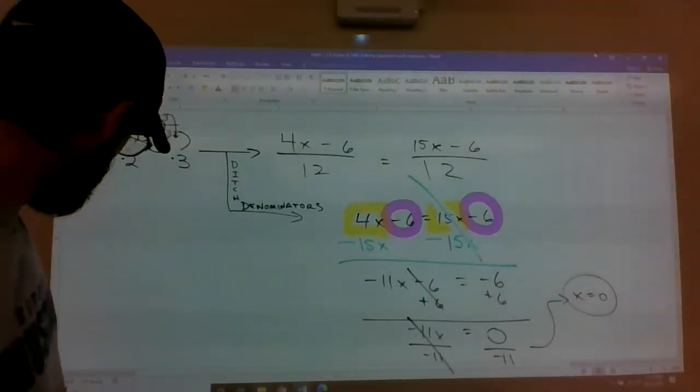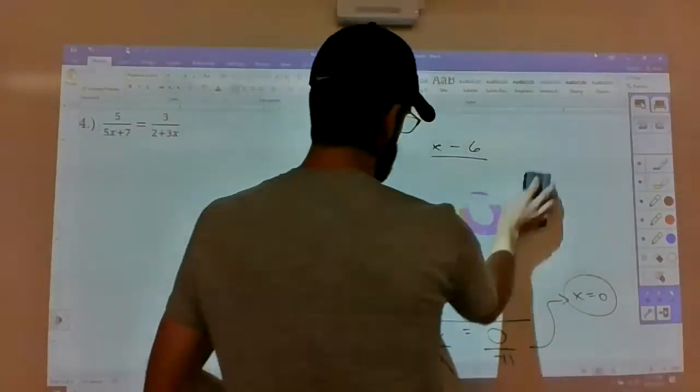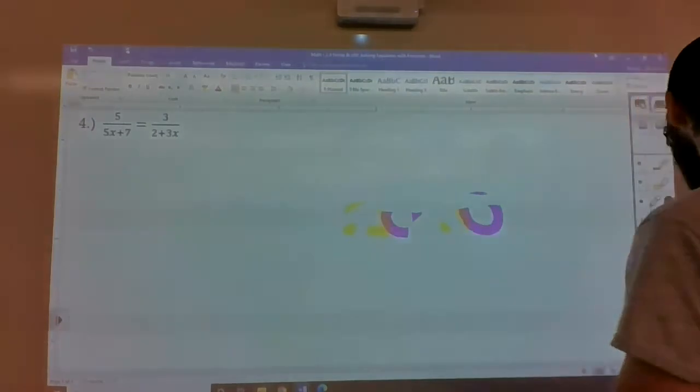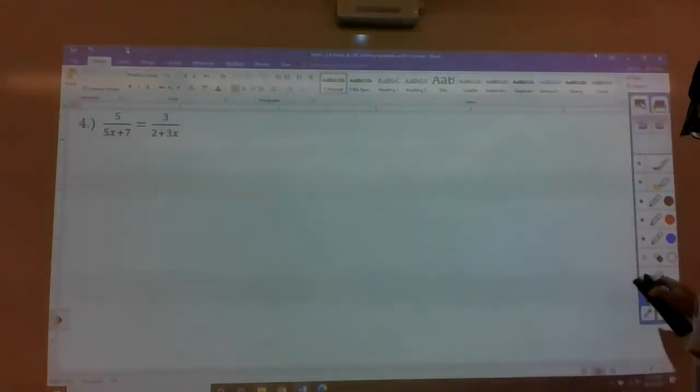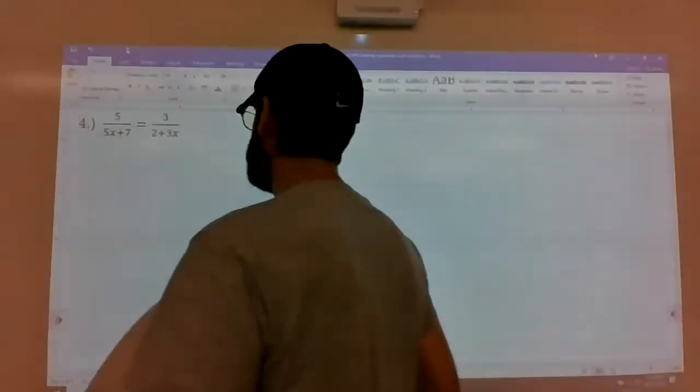All right, last one. A little more complicated. I got variables on the bottom. There's a couple different ways to talk about this.